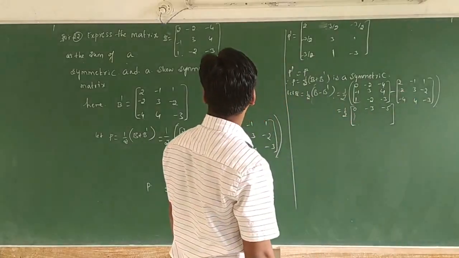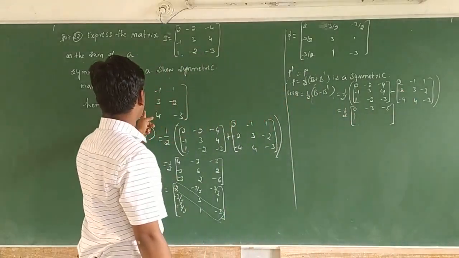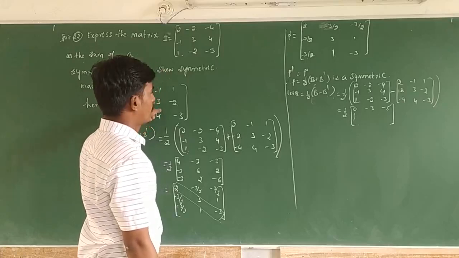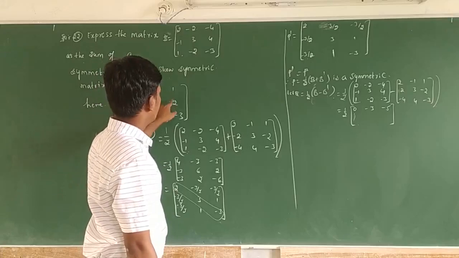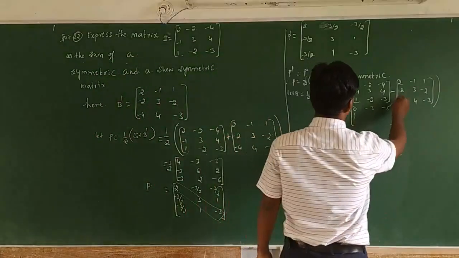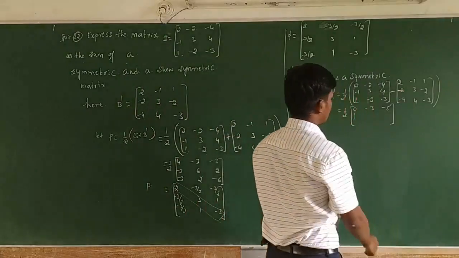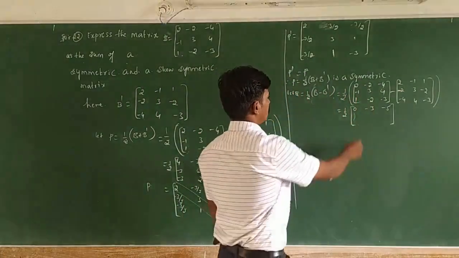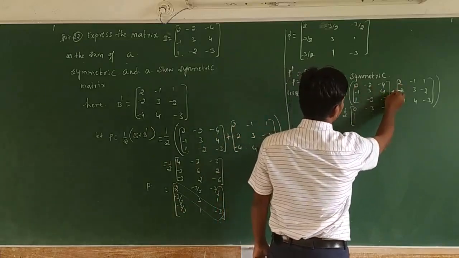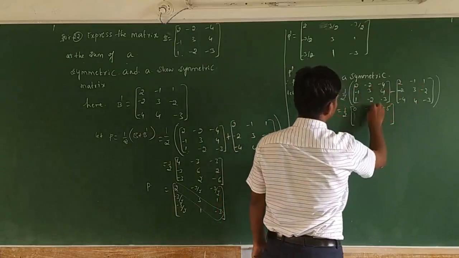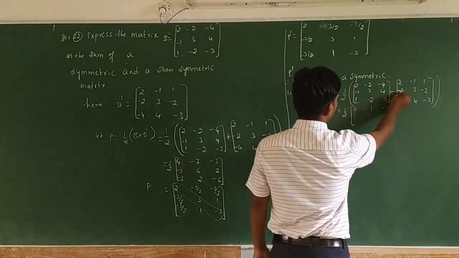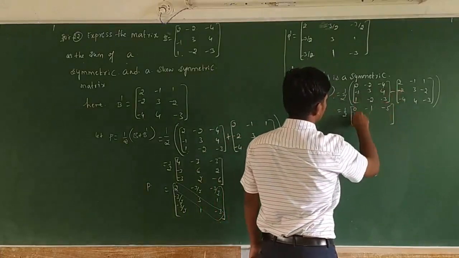B transpose equals 2, -1, 1, then -2, 3, -2, then -4, 4, -3. So what do we get? 2 minus 2 is 0. Here -2 minus -1, this is not minus, this is plus, so -1. Then -1 minus -2 is 1.